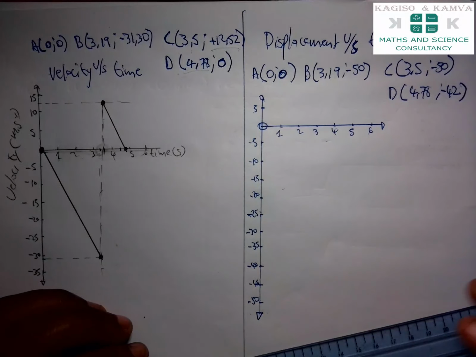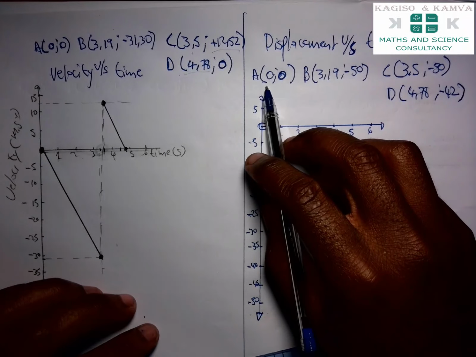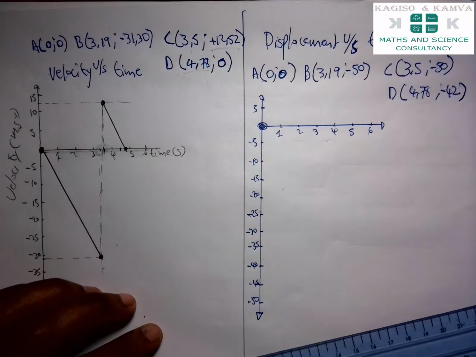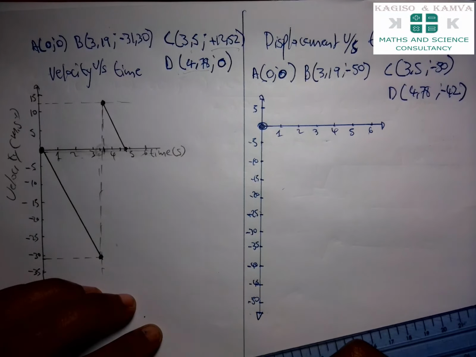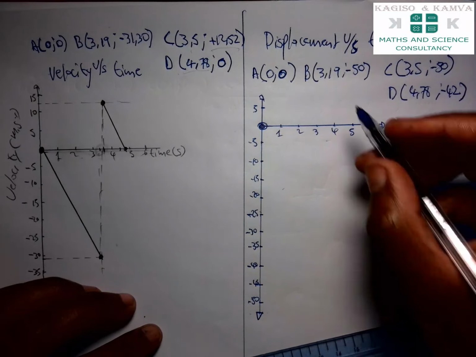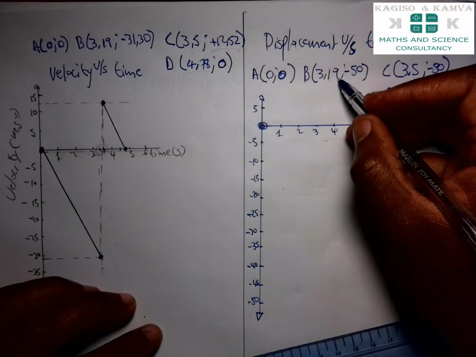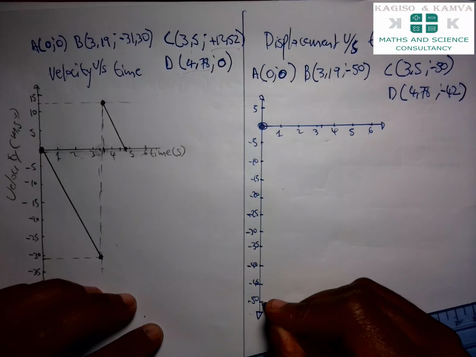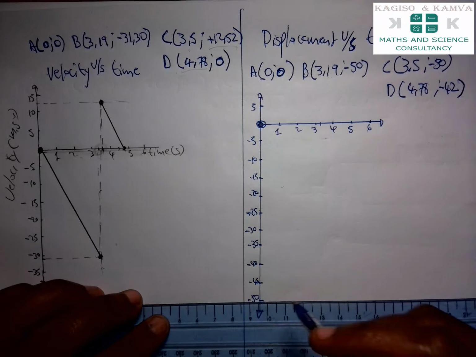Okay, now we plot our graph. 0 and 0, this is going to be our point there. The next one is B. What is the time? 3.19 at negative 50. 3.19 is somewhere there, negative 50 is there.